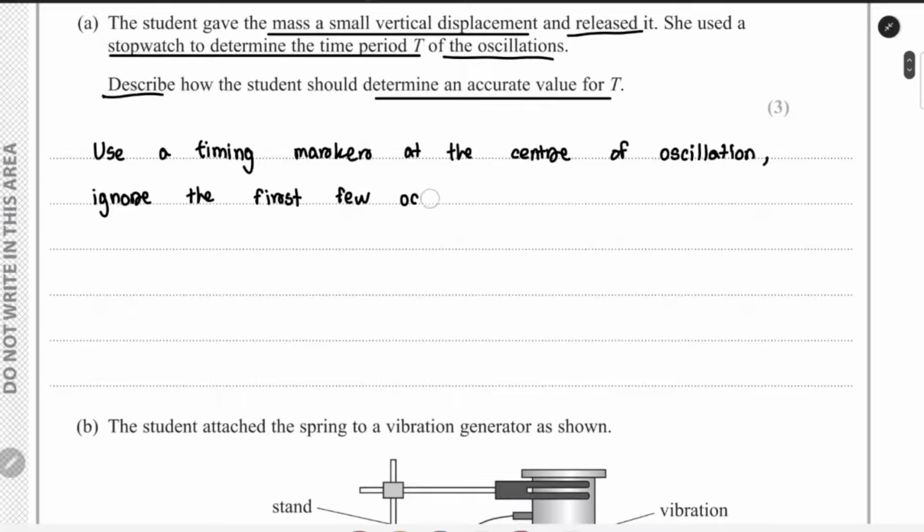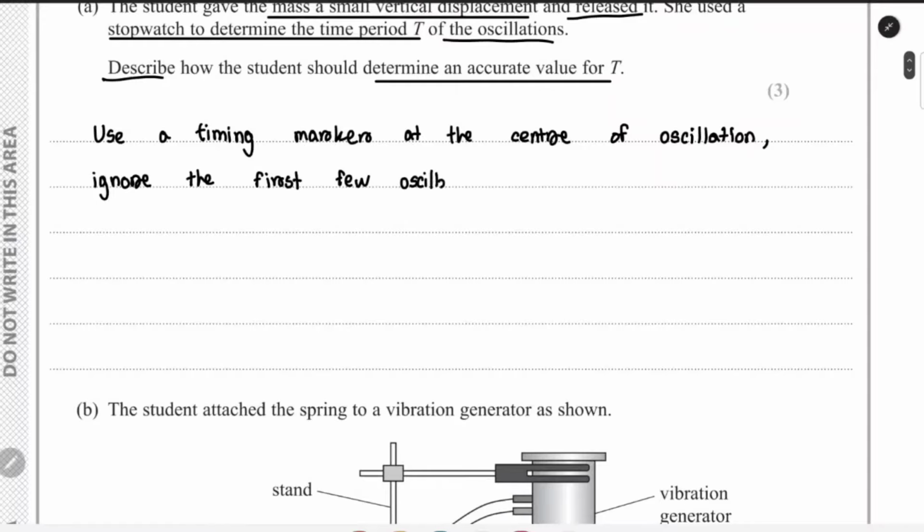We could also write this point as allowing the oscillations to settle. And the third point would be to repeat the experiments or measure the time period over a few oscillations, 10, 5, 20.